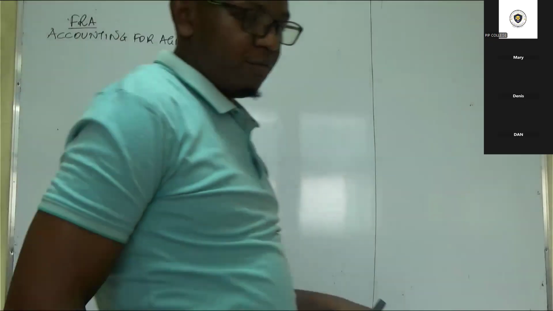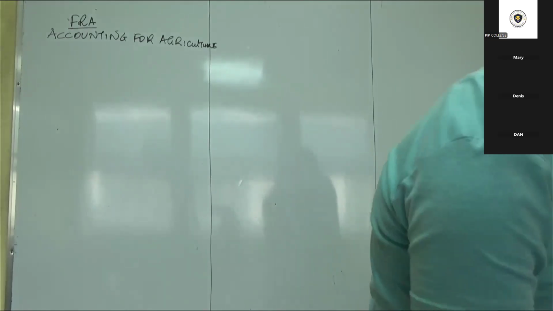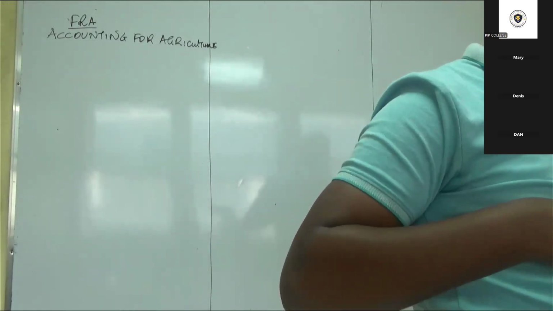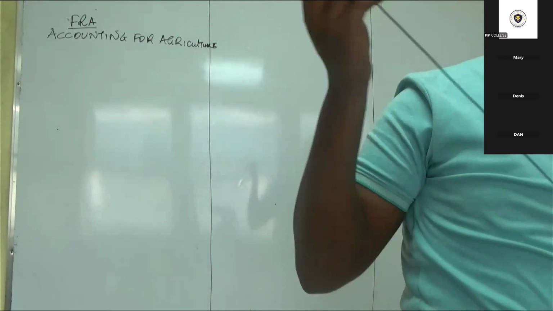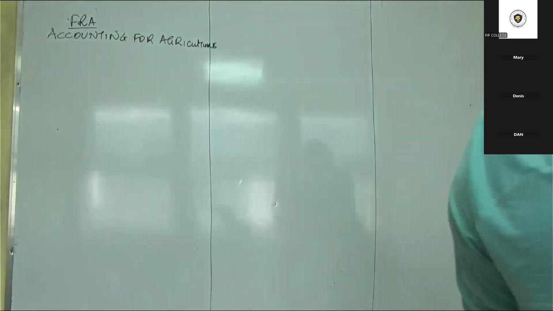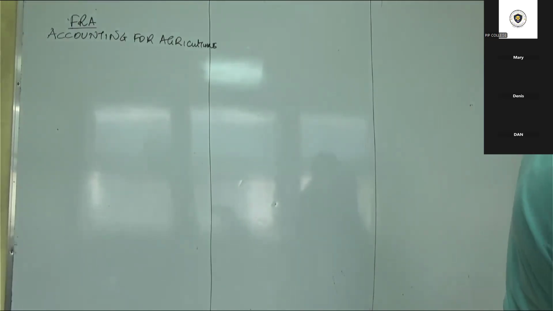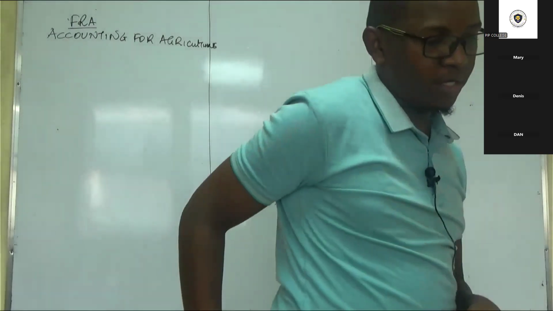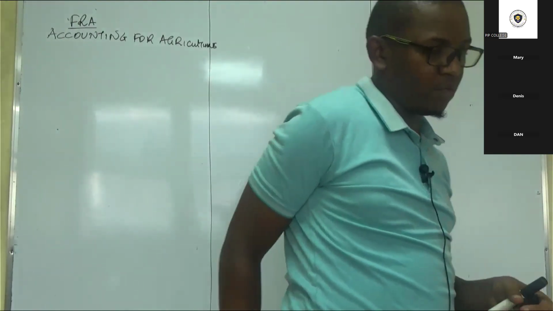So accounting for agriculture is what we'll now be talking about. As I've said, that is under IAS 41.